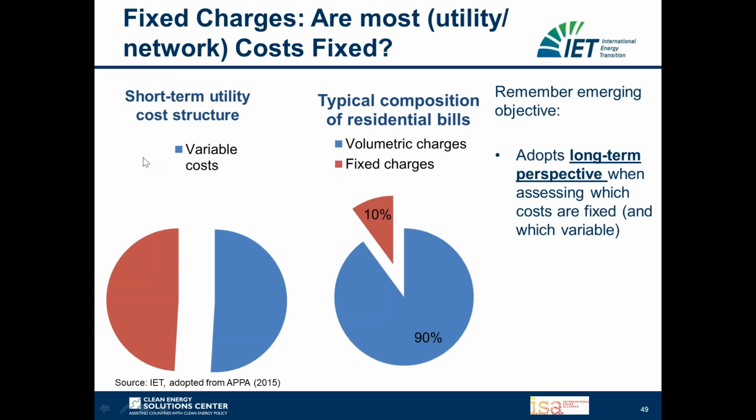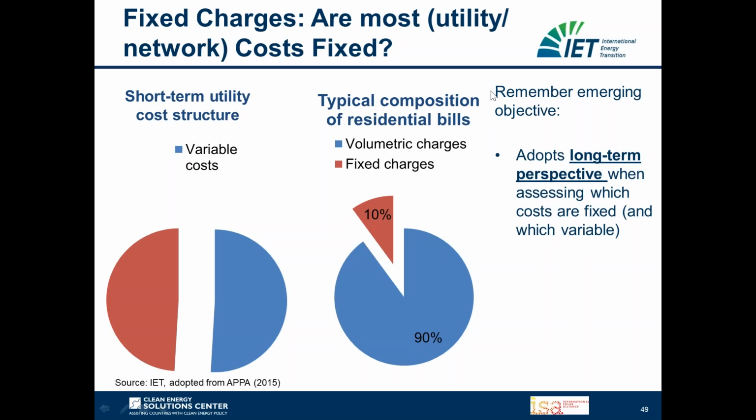I mentioned these types of arguments before. This is adapted from a paper from APPA from 2015. You will also find this in the further reading sections below, where they argue that most of the cost, or half of the cost, is actually fixed cost for utilities. However, the fixed charges which are collected by residential bills are just 10%, and therefore it should increase.